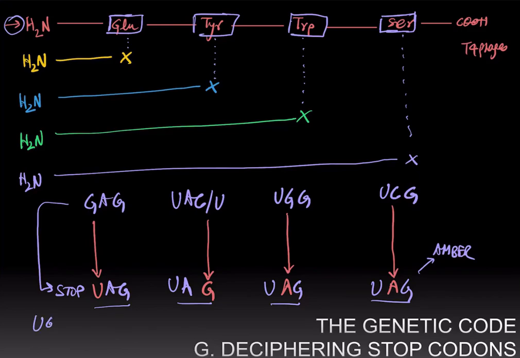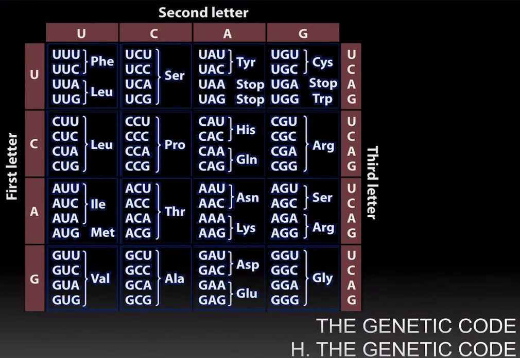One is UGA, called the opal codon, and UAA, the ochre stop codon. And through these painstaking experiments and studies, now we know the entire genetic code, which is universal and applies equally from bacteria all the way to human beings.